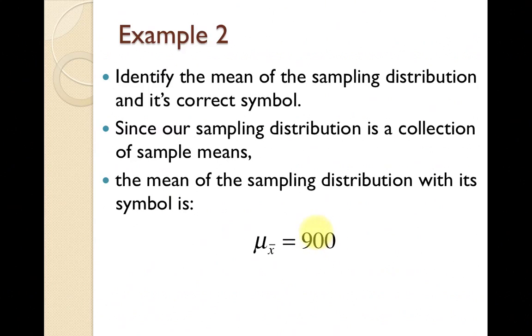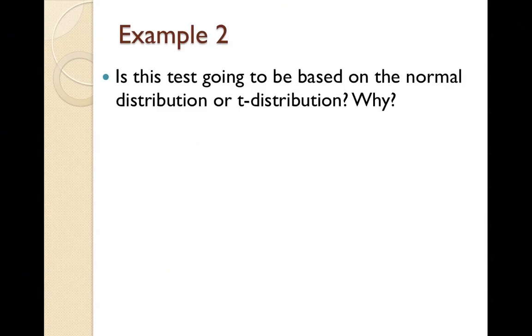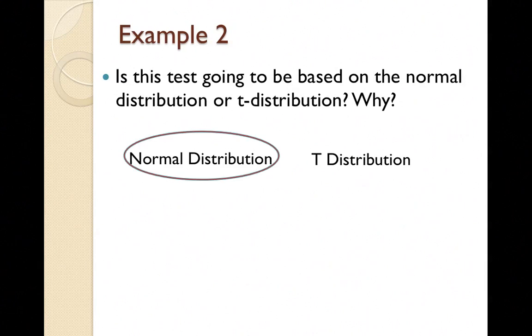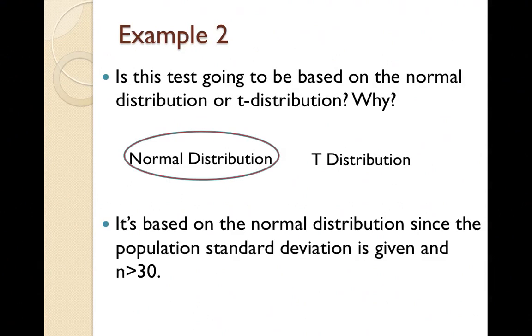So its value is 900. Its symbol is mu sub x bar. Normal or t distribution? It's based on the normal distribution for the same reason as before. We've been given a population standard deviation and the sample size is greater than 30.